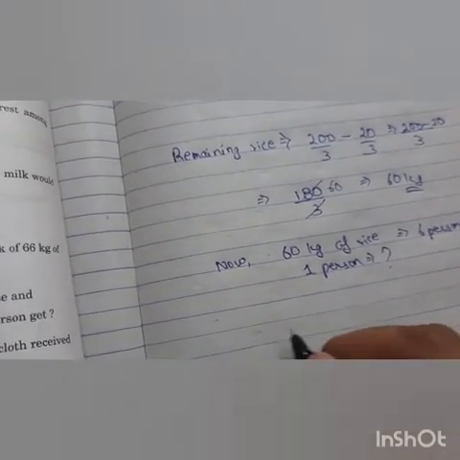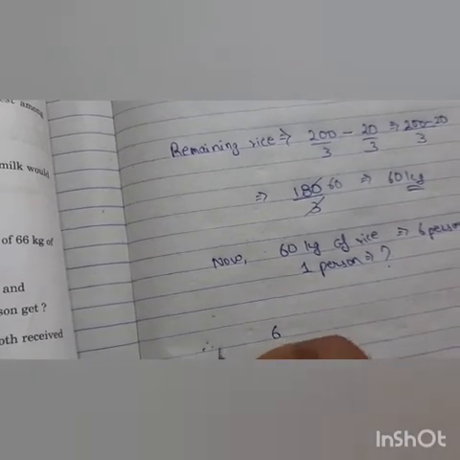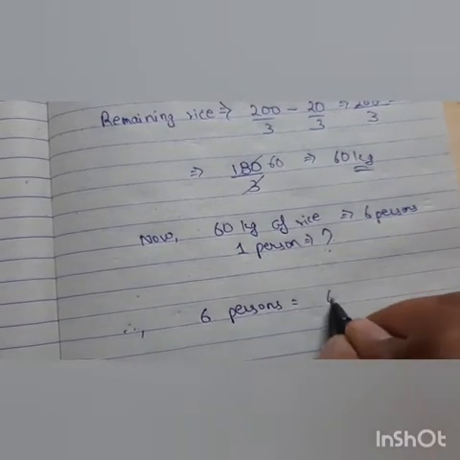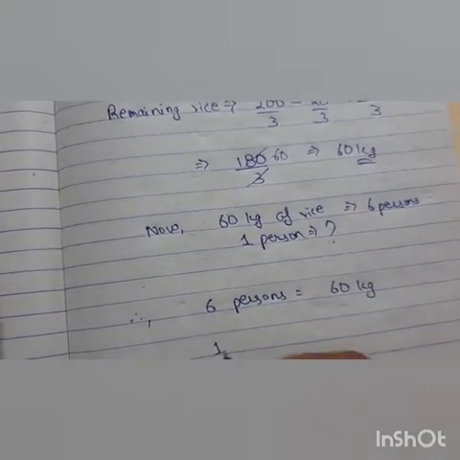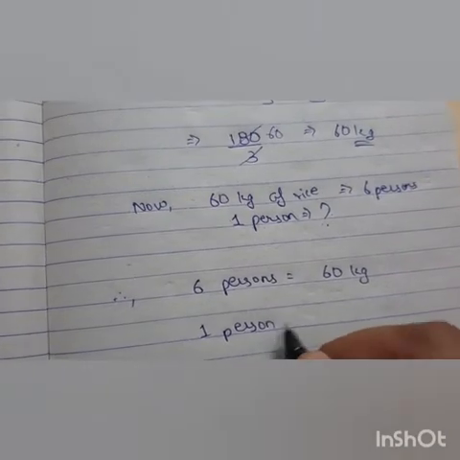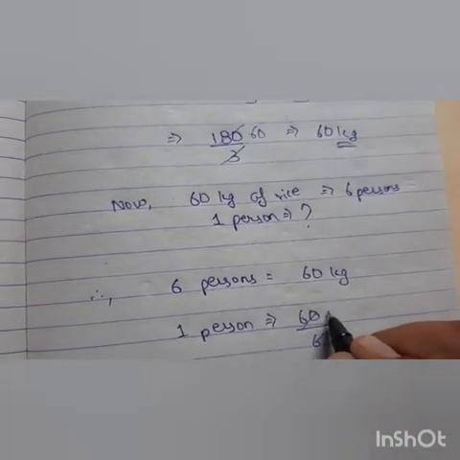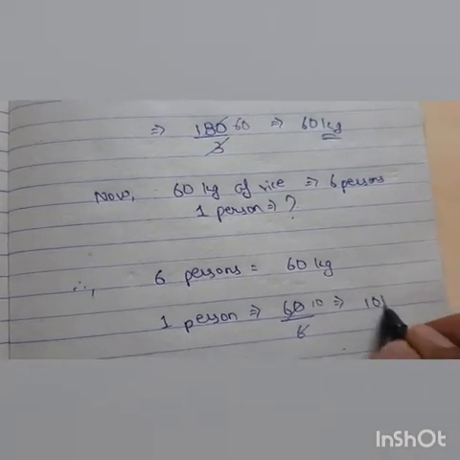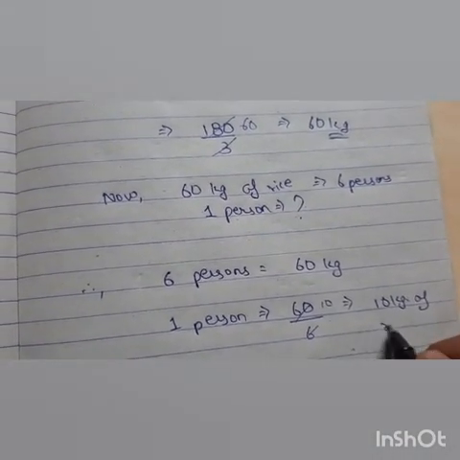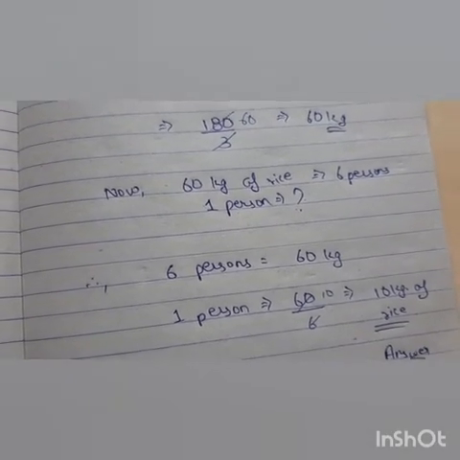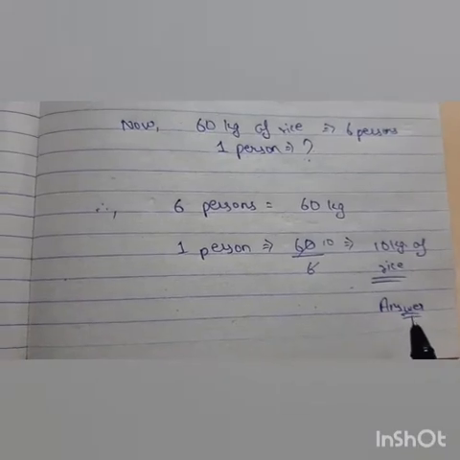So write down: therefore if 6 persons are getting 60 kg, one person will get how much? Simple, 60 upon 6. That means 10 kg of rice. This is your answer, that each person would be getting 10 kg of rice. So this is how you need to solve.